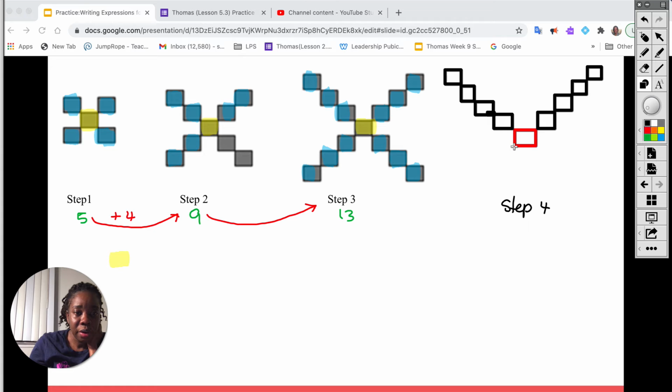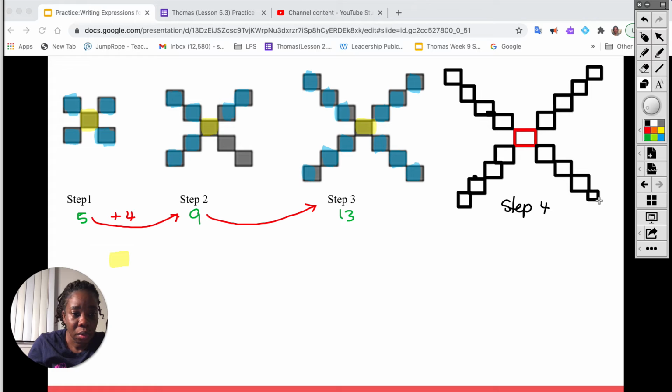Do that from the other corner: 1, 2, 3, 4. And then from the last corner, 1, 2, 3, 4.